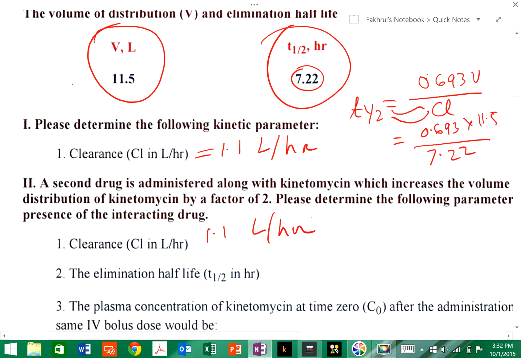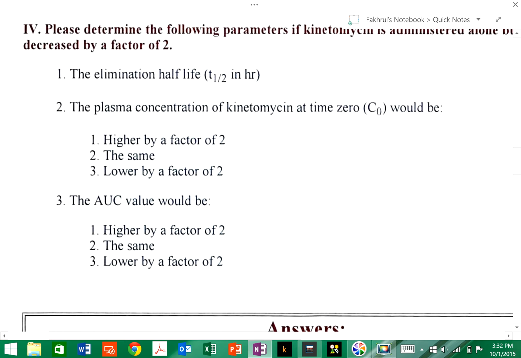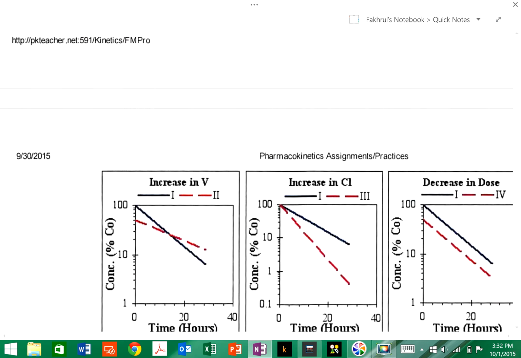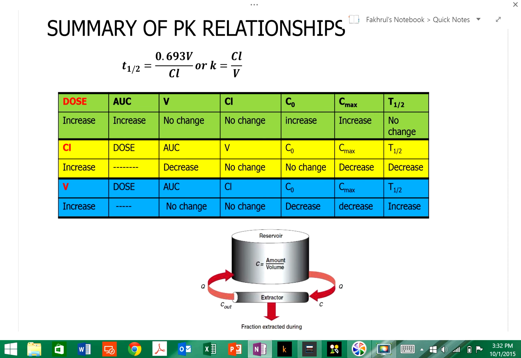Then elimination half-life. Yes, we know from that table that elimination half-life is going to change with the volume of distribution. You see here that with an increase in volume of distribution, T-half will increase.